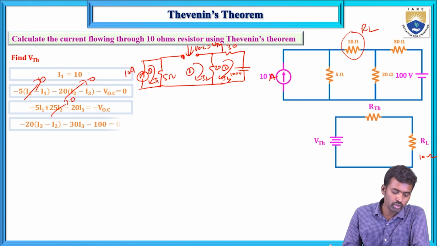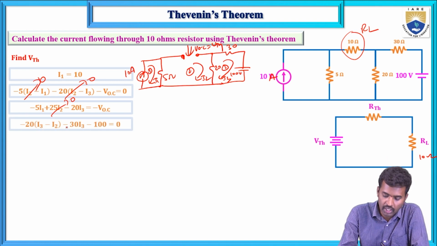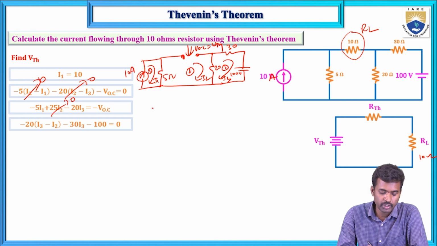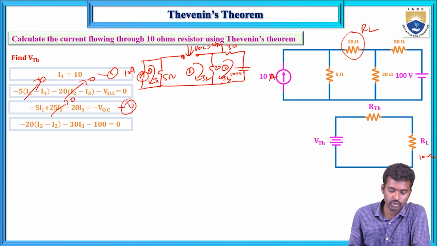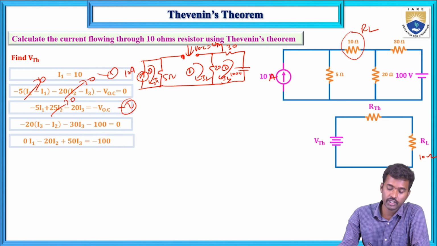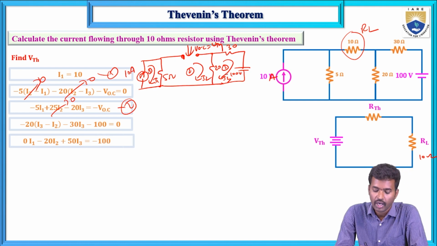Now applying KVL in mesh 3, minus 20 I3 minus I2 minus 30 minus 100 equals 0. So this is equation number 1, equation number 2. There is no impact of I1 here, and 20 plus 30 is 50, so 50 I3 equals minus 100, equation number 3.